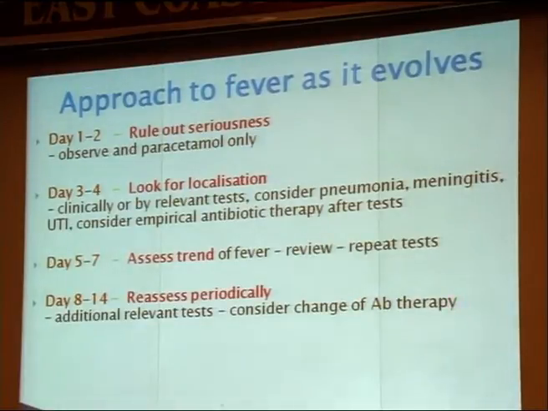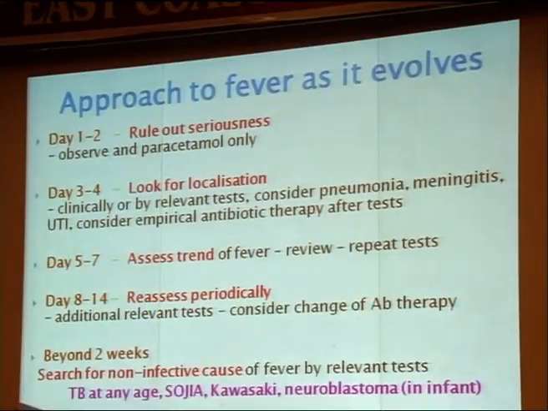By now usually life-threatening diseases are getting less and less common. As the days of fever advance, the chances that this is a life-threatening infection go on reducing. So by day 8 or day 14, we have to look for additional tests and maybe think of one change in antibiotic in case our first decision was wrong.